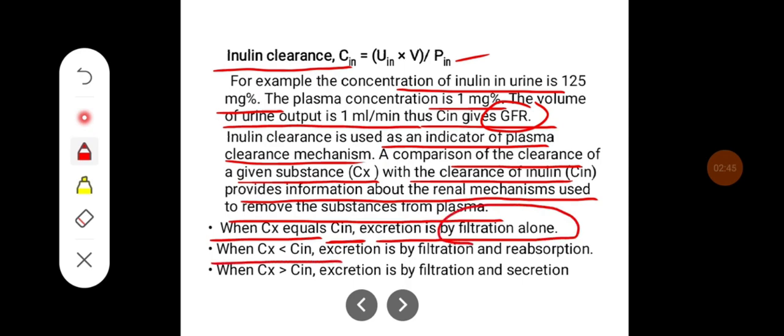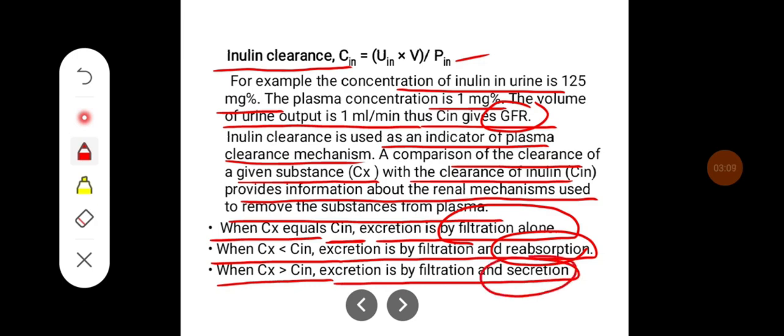When the clearance of the other substance is less than that of inulin, the excretion occurs by filtration and there is some amount of reabsorption as well. When the clearance of any substance is more than the clearance of inulin, the excretion occurs by filtration, and it means that the substance is also secreted.